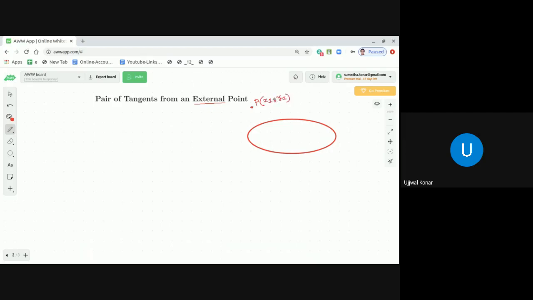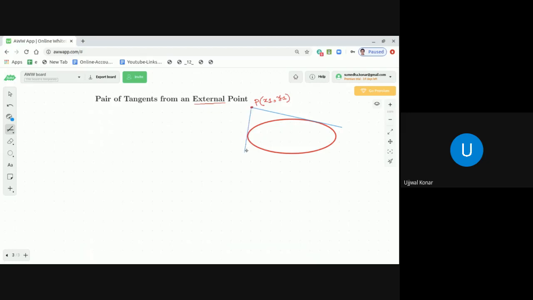Now if you start drawing tangents from that point P to the ellipse, you can draw two tangents, right? Let me draw those two tangents in blue color. One tangent will be something like this, correct, dear students? And the other tangent should be something like this.